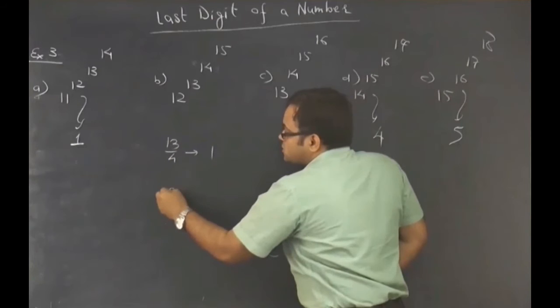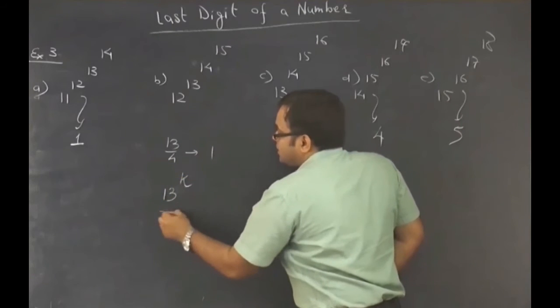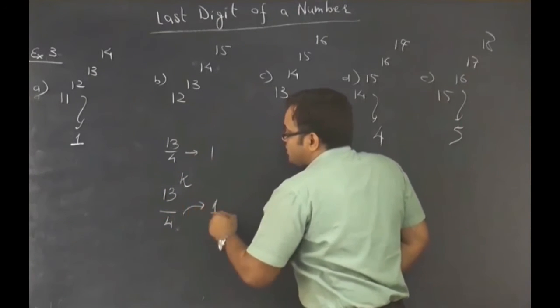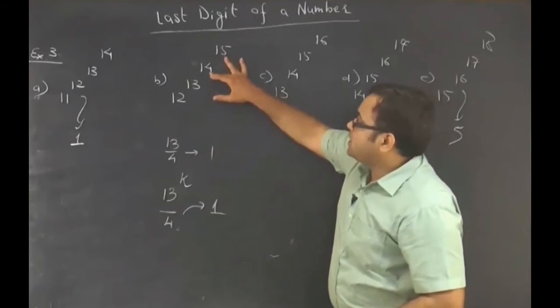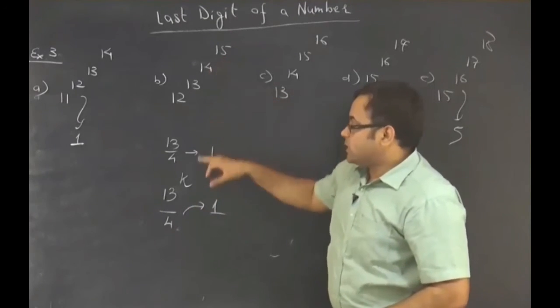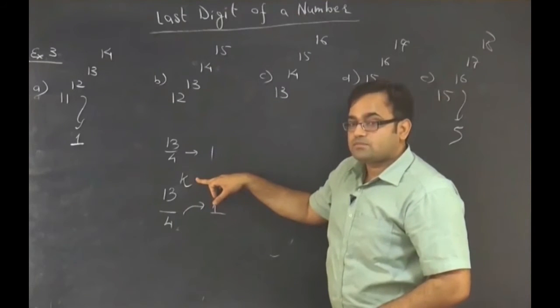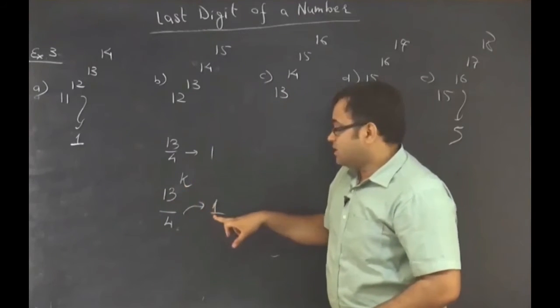So can I also say that 13 to the power k divided by 4 would also leave a remainder of 1? Whatever the power term here, 14 to the power 15, this can be written as k. 13 to the power k becomes 1.